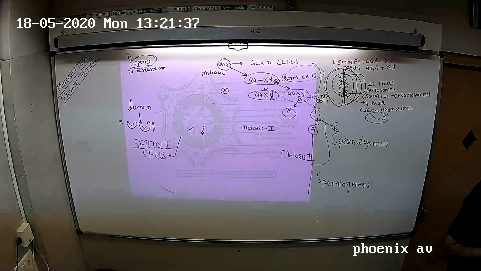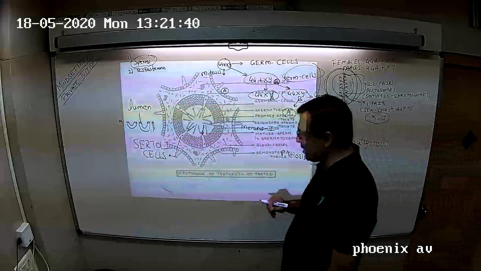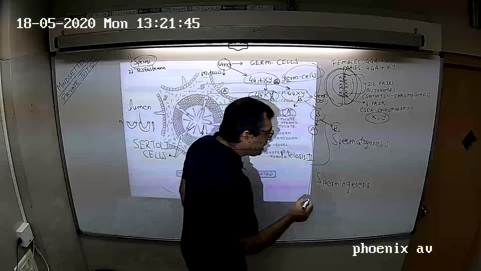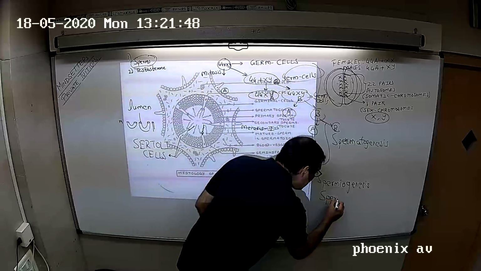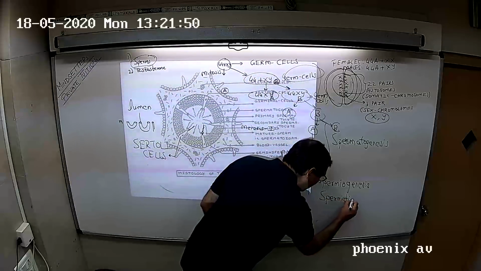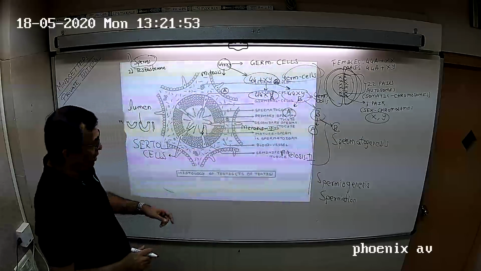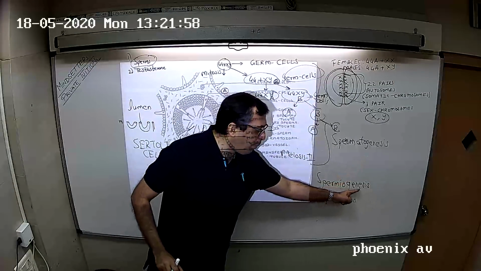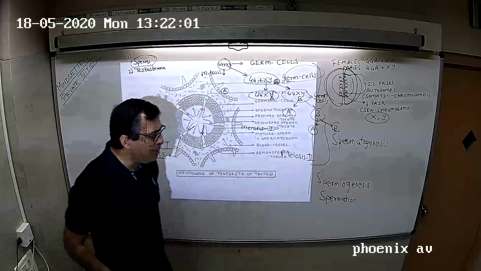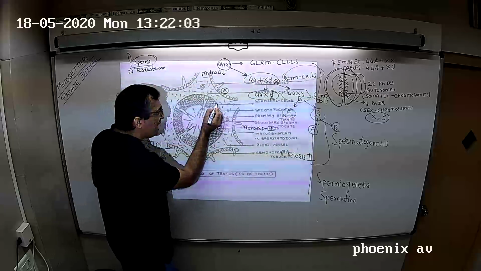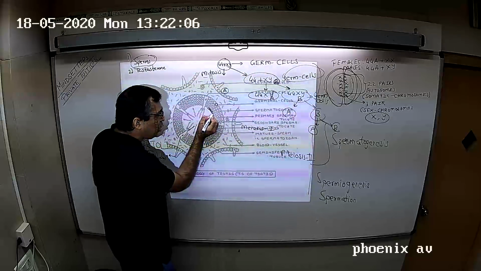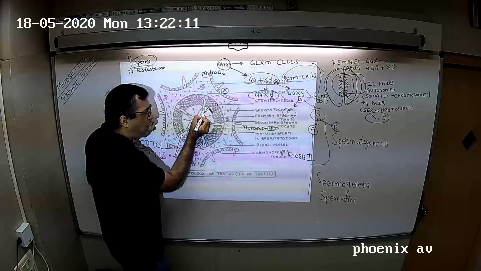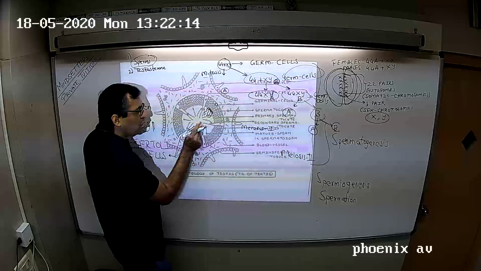They will start moving, and that process of Sertoli cells giving nourishment to the sperm is a phenomenon called spermiation. Spermiation. So we have used 3 words: spermatogenesis, spermiogenesis, and spermiation. What does germ cell dividing to form spermatids called? Spermatogenesis. What does spermatid forming tail to form mature sperms called?